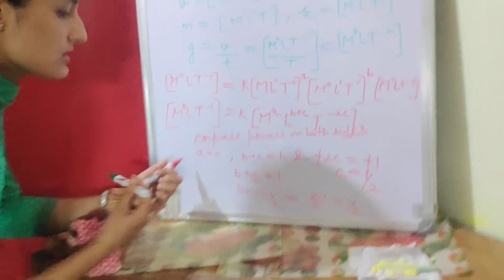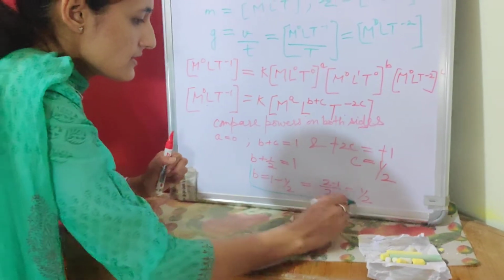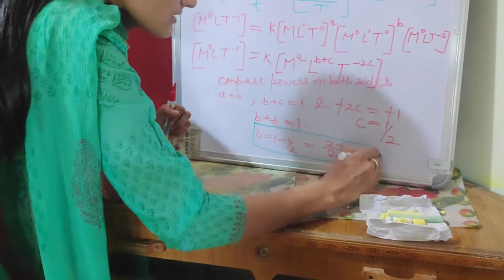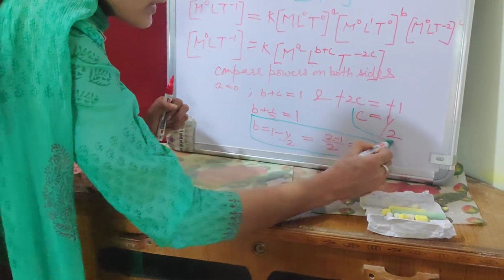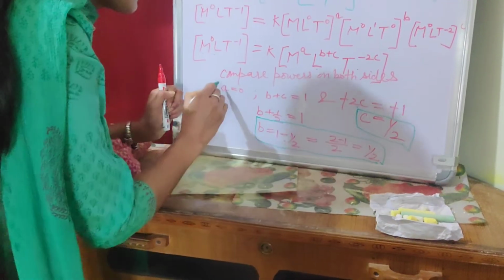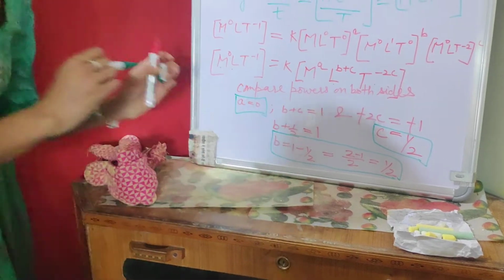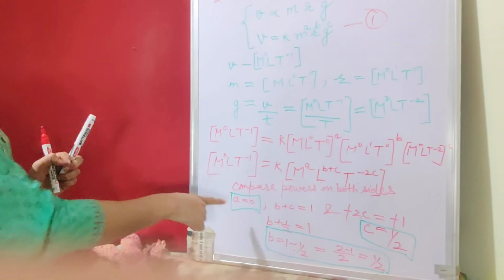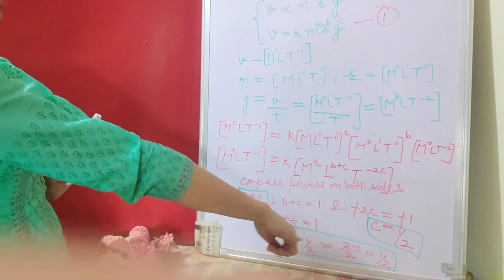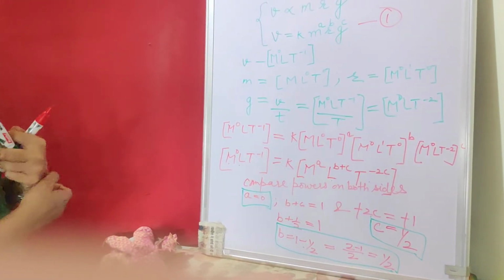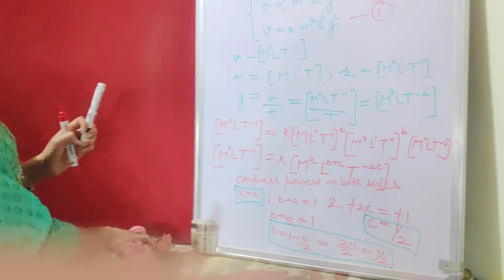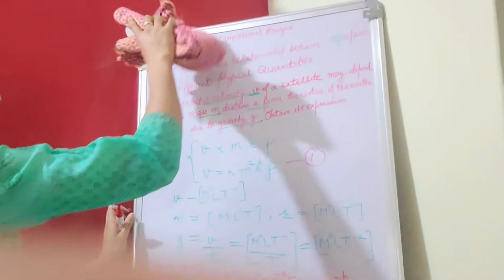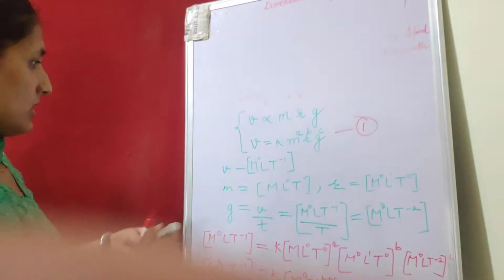So this is the value of b. I am going to highlight this. This is the value of c, and this is the value of a. So you are getting the value of a as 0, b as 1 by 2, and c as 1 by 2.